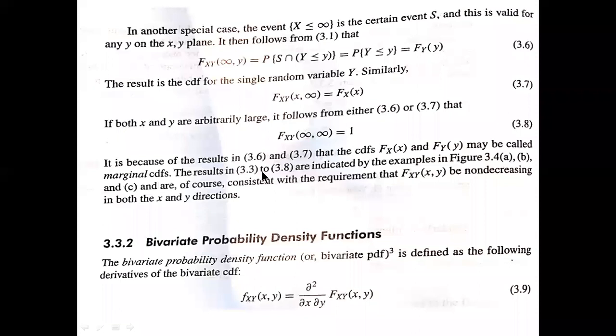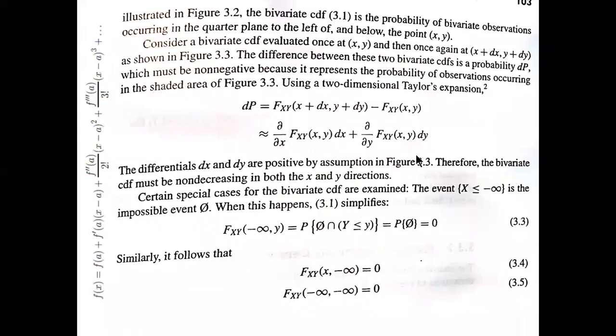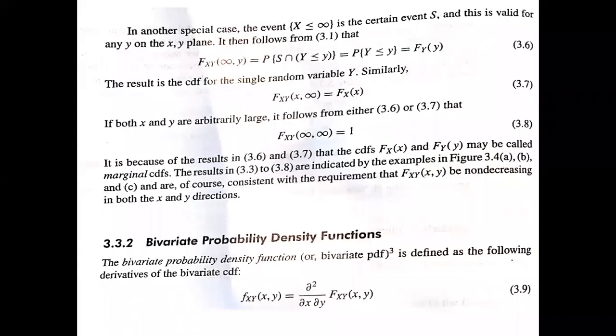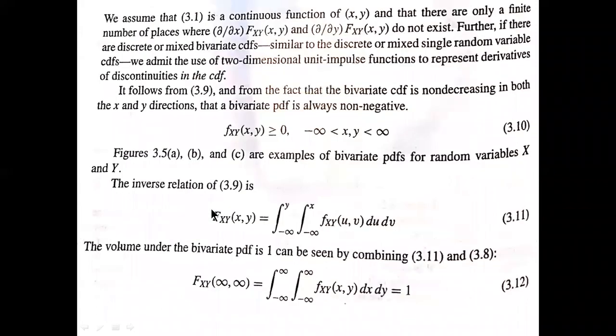The results in 3.3 to 3.8, from the 3.3 which was there in the earlier slide, all correspond to the two random variables x and y, are indicated by the examples in figure 3.4 a, b, c, and are of course consistent with the requirement that fxy of x comma y be non-decreasing in both the x and y direction.